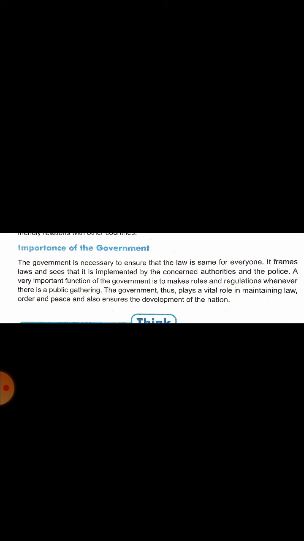So another important function of a government is to make rules and regulations for public gatherings. That is also the government's responsibility. And the government plays a vital role in maintaining law, order and peace, and also ensures the development of the nation.